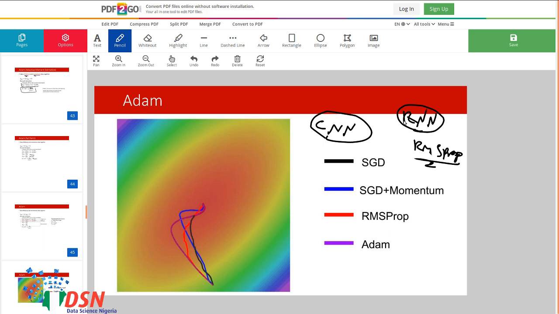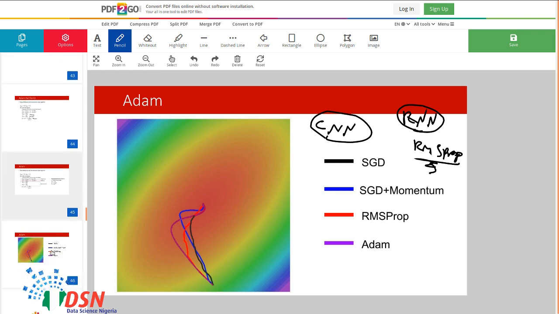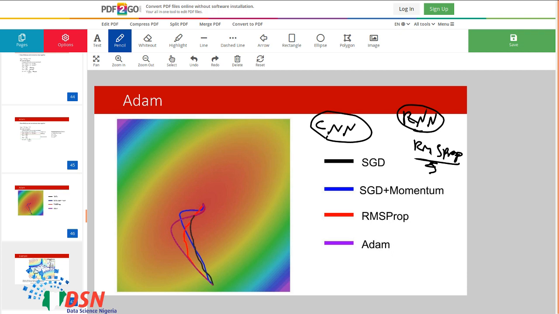Probably we could not say it deterministically, but experimentally RMS prop for RNNs is better and more stable than Adam. But for classification tasks and for CNNs, Adam is really good. So in here you could see the difference between the different optimizers.